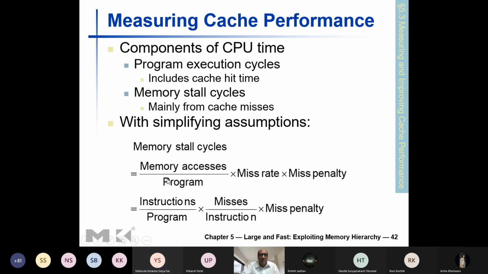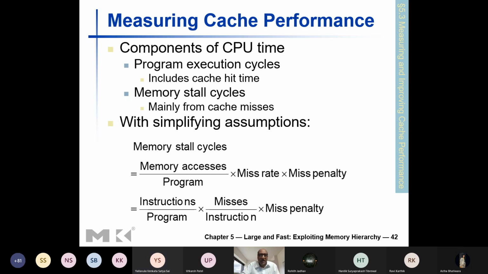Suppose the memory stall cycles equal the number of memory accesses per program multiplied by the miss rate multiplied by the miss penalty, right? The memory accesses are for every instruction you need to access the memory, because all instructions will be in the instruction cache, and the data will be in the data cache.